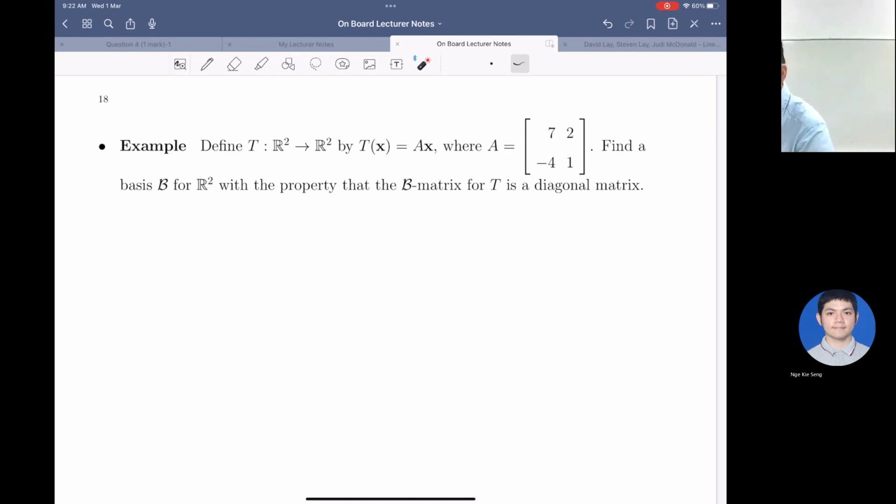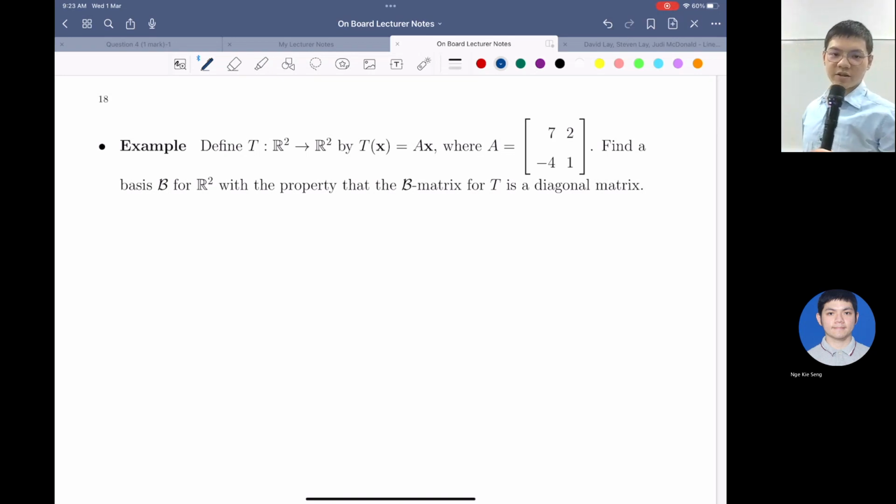What time is it? 9:22. Since this is a 2 by 2 matrix, let's spend 5 minutes on this. Try to diagonalize this matrix and tell me what P is. This is just 2 by 2, so it's doable within the time.